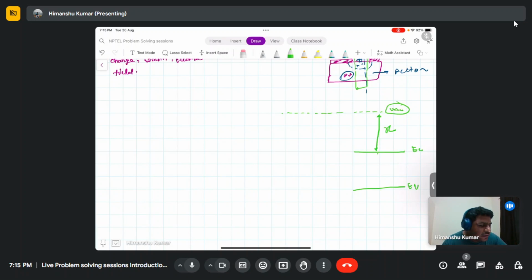That is defined as the vacuum energy level, and the energy required is the electron affinity. This is a property of materials. For a different material it may be different, and for a particular material it will be the same.